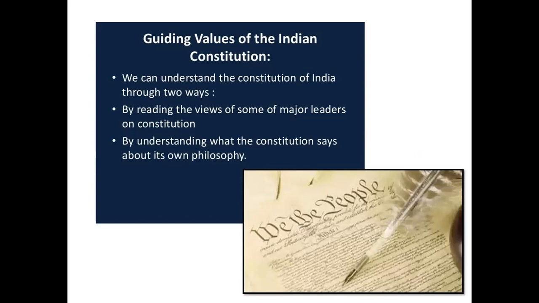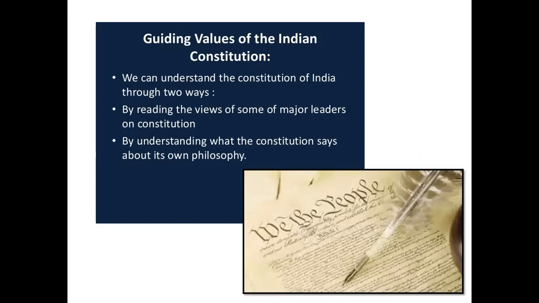It also gives the guiding values of the Indian constitution. We can understand the constitution of India in two ways. First, by reading the views of some of the major leaders, those who took part in the debates.